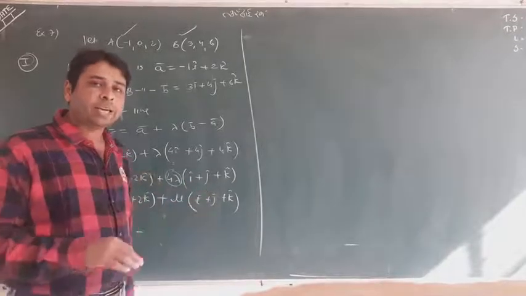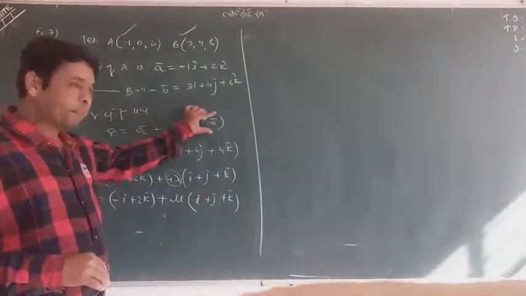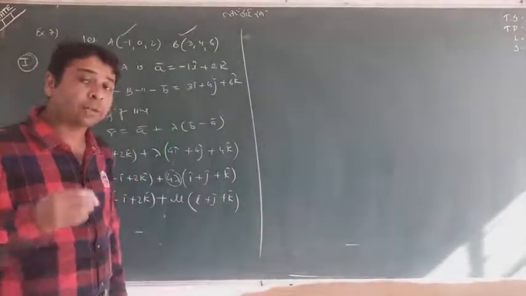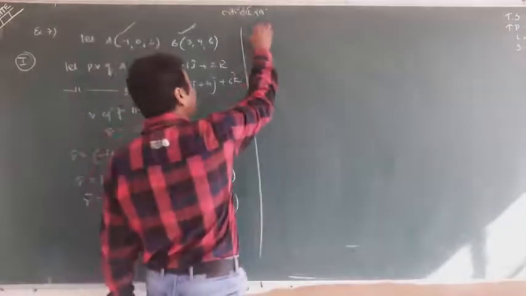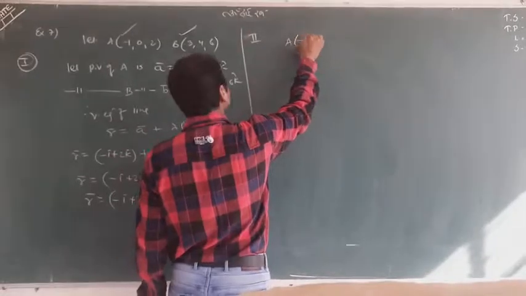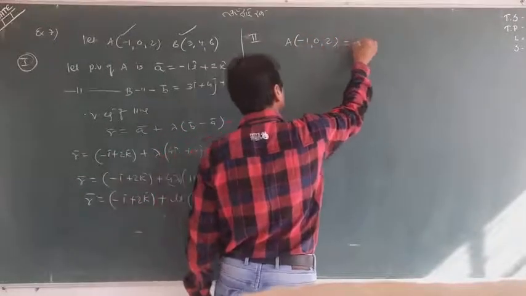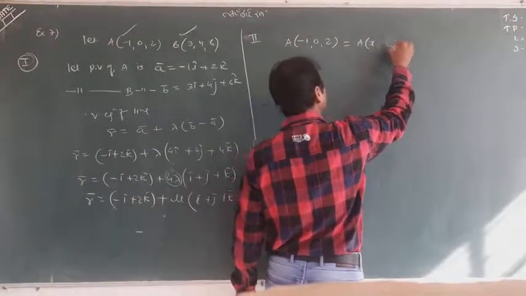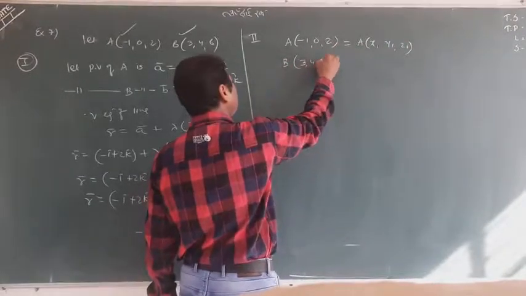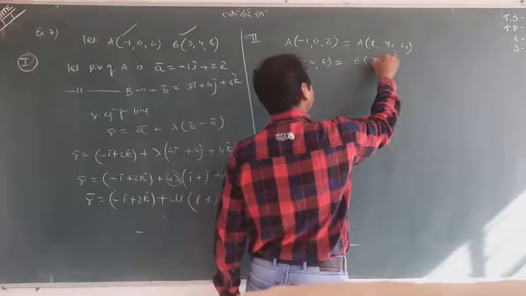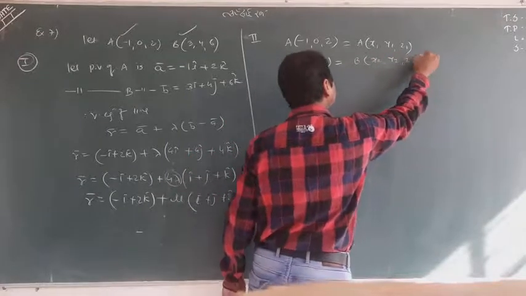But in case you don't remember this formula and you want the vector equation, how will you do it? You should know the Cartesian form. I tell you the second method. A is (-1, 0, 2), which is called x1, y1, z1, and B is x2, y2, z2.